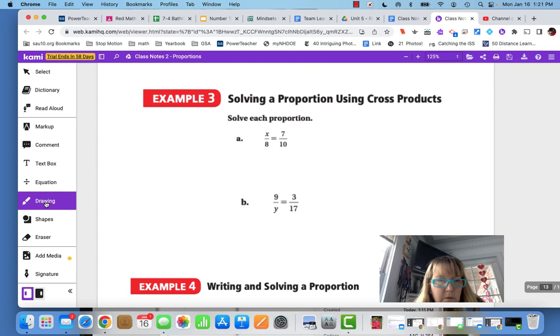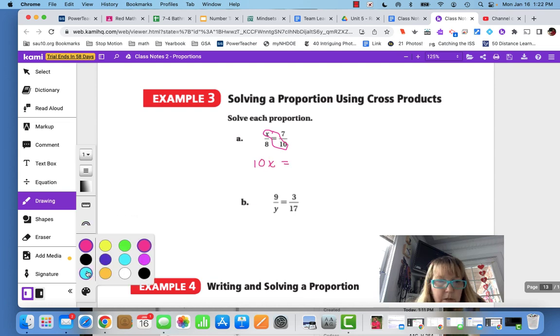I'm going to use some colors here. So I'm going to say 10 times x, so 10x is equal to the cross product. I'm going to multiply the 8 times the 7 because we know in a proportional relationship that the cross product is equal.